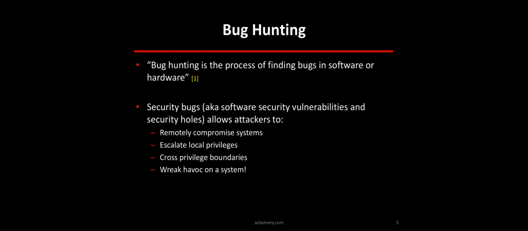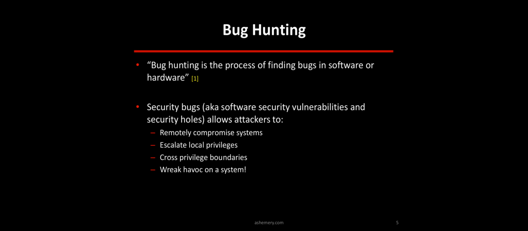So bug hunting, what's bug hunting? It's a process of finding these security holes or vulnerabilities, whether in software or in hardware. So the idea is, what's the process that you will take to find these bugs?